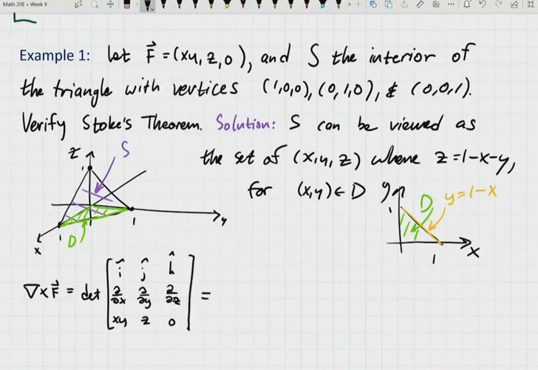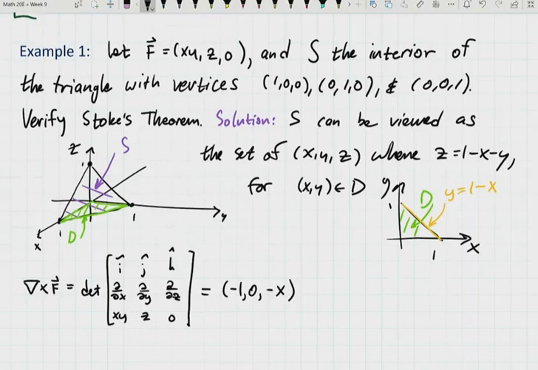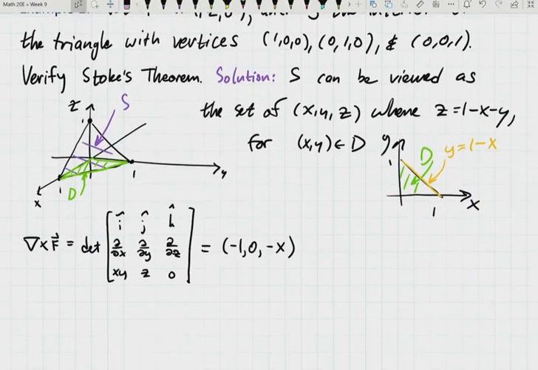And I'll just tell you that we get -1, 0, negative x. If I'm going to integrate the flux of that curl over the surface, I will need the normal to the surface.